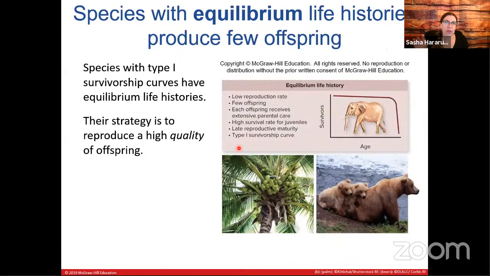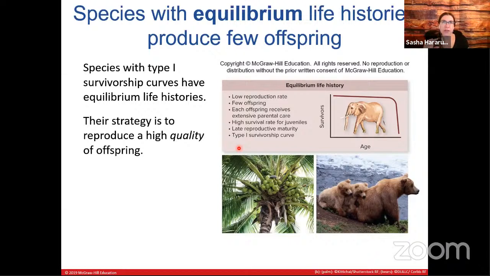So the equilibrium life history is kind of the opposite of the opportunistic life history. In the species and populations that have equilibrium life history, they allocate more energy to ensuring the survival of the offspring.